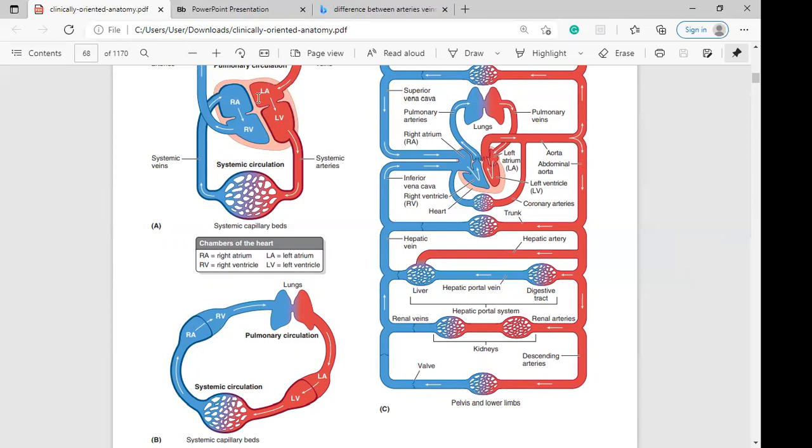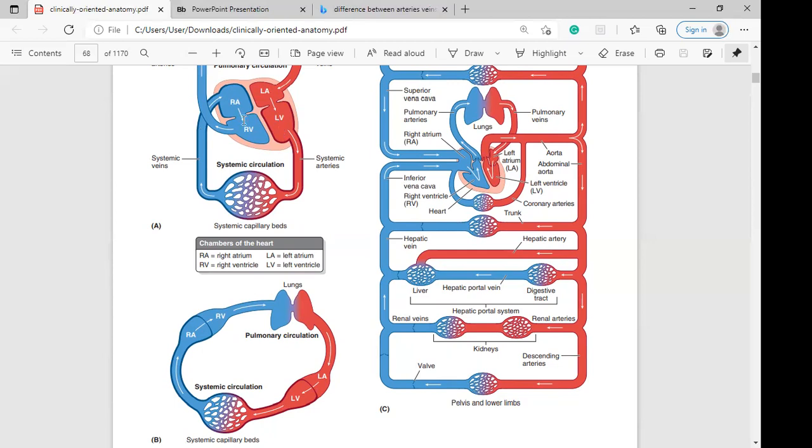From this picture, this is the left atrium here, and this is the left ventricle. When the blood moves in this direction into the left ventricle, there is a possibility of a backward flow of blood into the left atrium. So to prevent that, the valve closes immediately after blood has entered the left ventricle. The valve closes to prevent the blood from going in the backward direction.